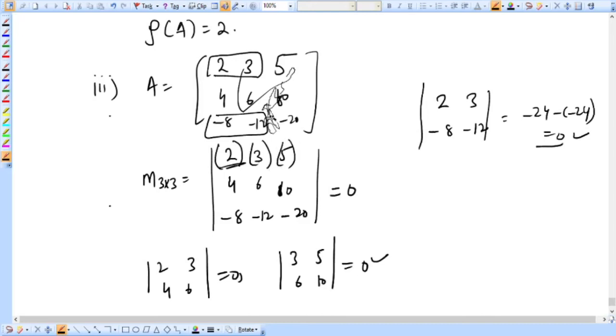So these are not vanishing. At least there is one minor, you can take this one. So the minor of 1 by 1 is not vanishing, which is equal to 2. Therefore we can say the rank of A is equal to 1. Okay, so this is the case here.